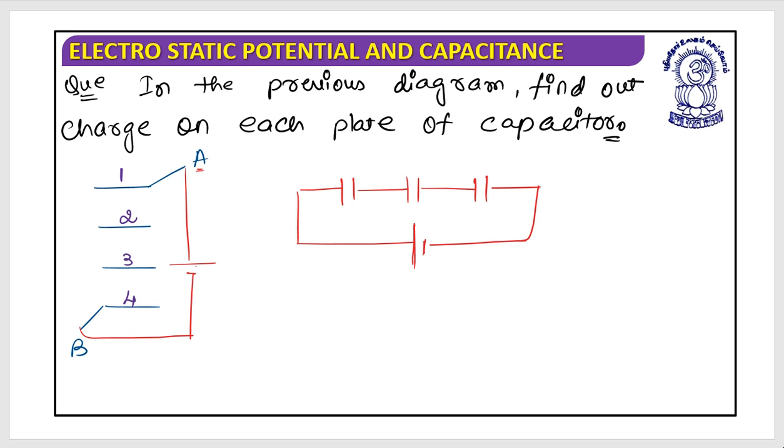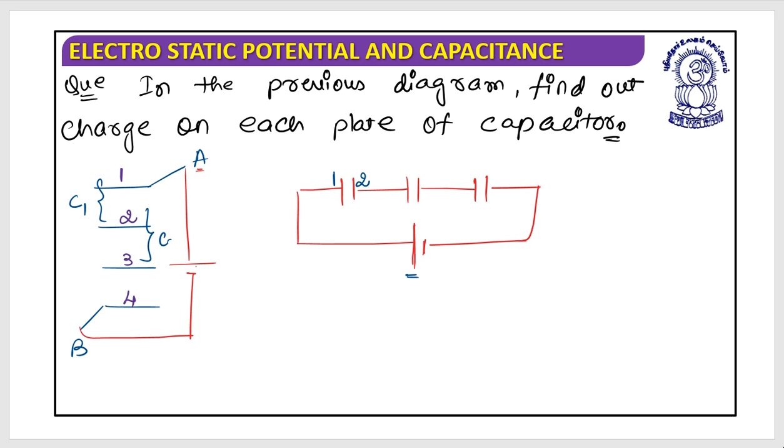This plate is connected with the positive terminal, so this is the first plate of the capacitor. I have formed capacitor 1 between this 1 and 2, so if this is 1, obviously this is 2.